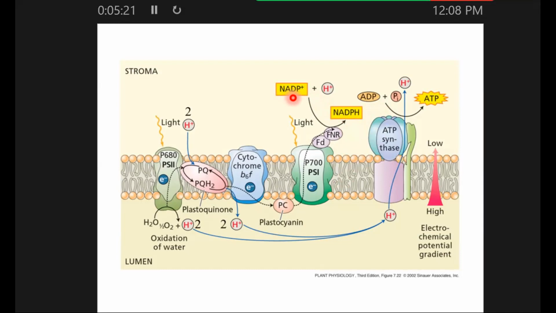Once it gets that, we say it's reduced to NADPH. That's one of the huge goals for the plant because NADPH is a very good reducing agent, which means it likes to float around in the stroma and give off electrons where it's needed. That's what it's going to do next, and we'll talk about that.